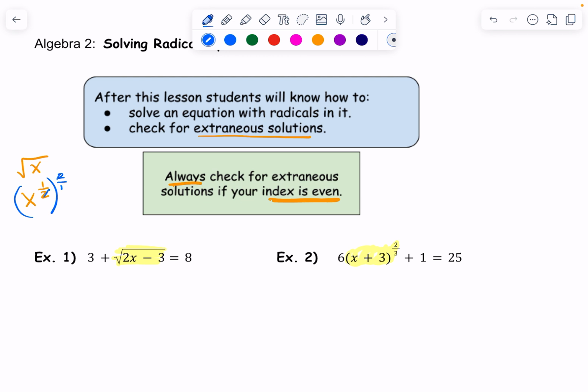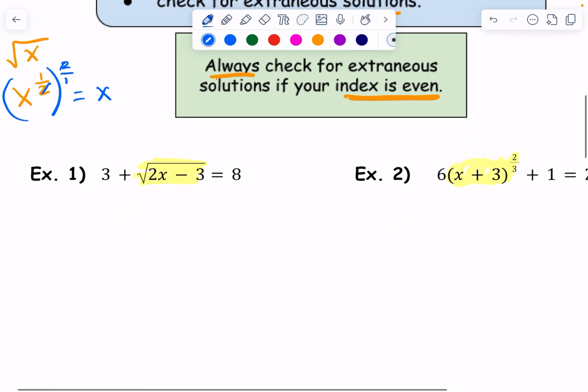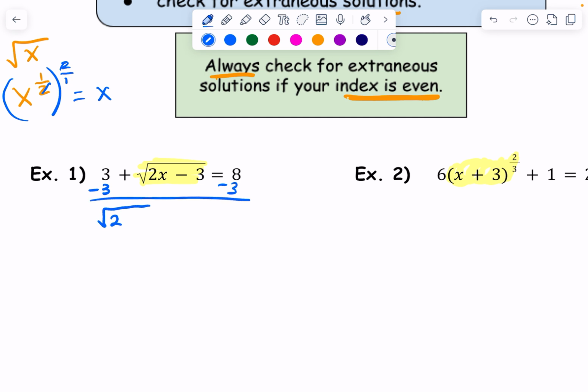Because that's just going to give you an x, which is what we want. We want whatever's inside to come outside. But we're not going to do that until we get it alone. So let's go ahead and get this guy alone. We have the square root of 2x minus 3 is equal to 5. Right now we could just square both sides, because when we square a square root, that fixes it.